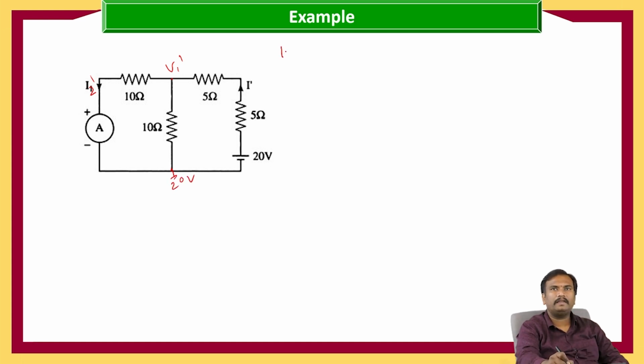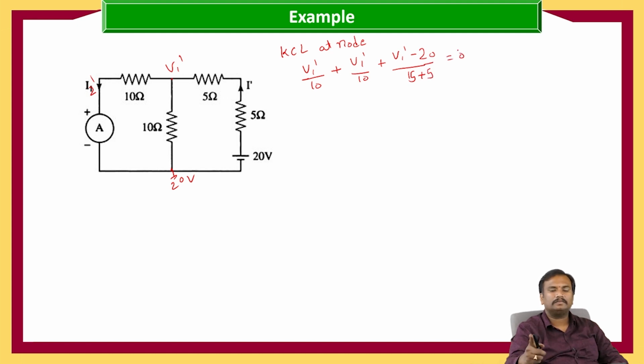Now if we write the KCL at node V1 dash, all the currents are leaving the node: V1 dash by 10 plus (V1 dash minus 20) by 5 plus 5, which is equal to 0.